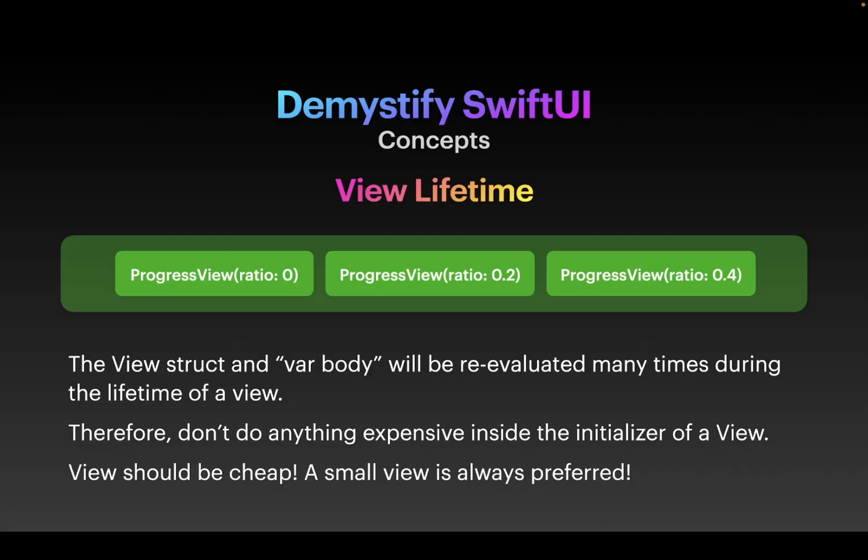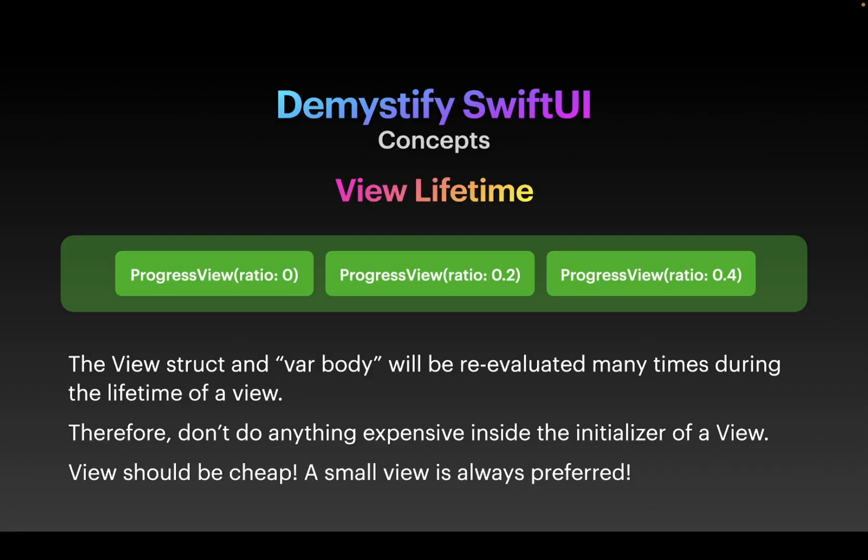Now let's go back and take a look at this lifetime thing. You can see the view struct, in this case, is a progress view struct. And the var body, still remember the var body? If you want to define some view, you have to have a var body. It will be reevaluated many times during the lifetime of one view.